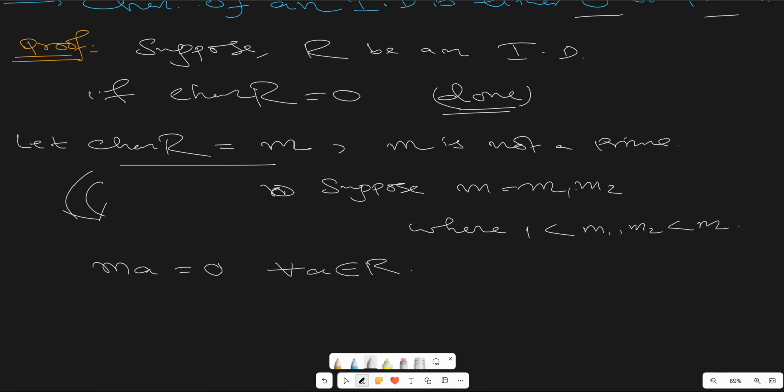It's not, because the characteristic is m, so m·a is 0 for every element inside the ring, or the integral domain R, right? So m can be written as m1 m2, and m1 m2 a is 0 for every a inside R, right? What does it mean?